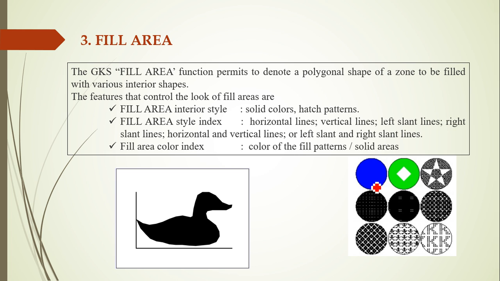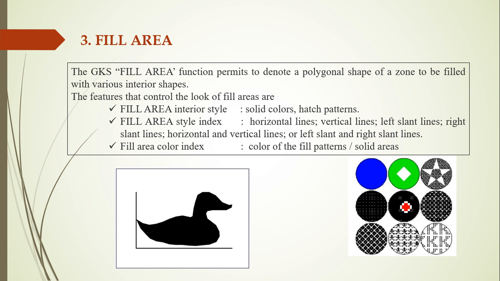Here you could visualize a blue color fill. Here you could visualize another texture, a green color texture with a diamond cutout at the center. Again, another hatching, a star type hatching, another type of hatching. Different types of hatching and textures are available as the fill area primitives. You could utilize any of these using your command.